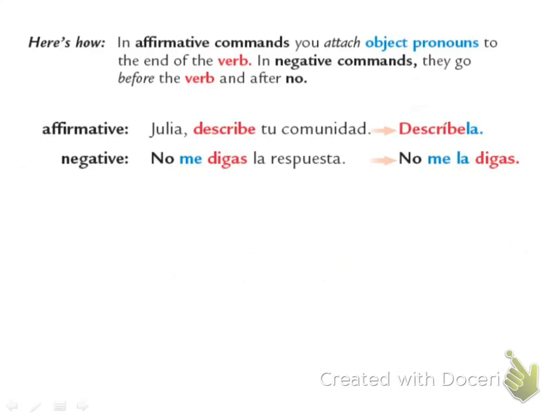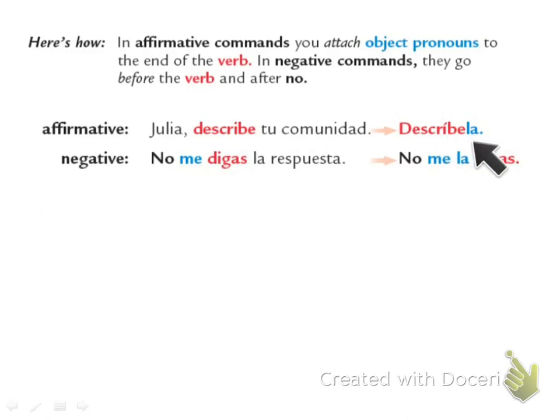That is the long form of it, but we don't have to say tu comunidad if we've already established that in previous conversation. So we could just say describela. Notice it is a positive command, and you will just attach on your la to the end there so that you have to mark your accent.